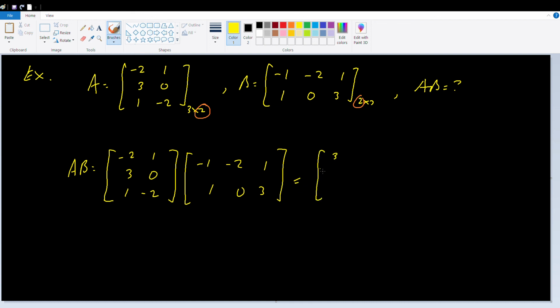Next, we multiply the first row of A to the second column, and that will be negative 2 times negative 2 plus 1 times 0. That will be positive 4 plus 0, or positive 4.